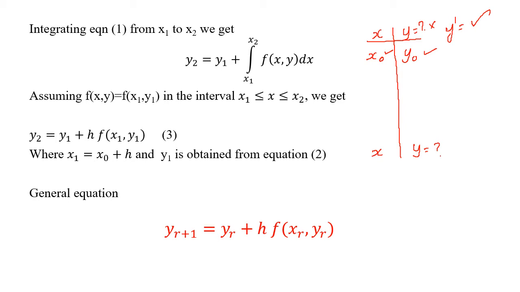Now Euler's method will give you an acceptable result if and only if your next point is really closer. That means if your h is very small. For instance, if I know the function at x is equal to 0 and I wish to calculate the function at x is equal to 1, if you make a single step, the step size will be 1 and that result will not be acceptable.